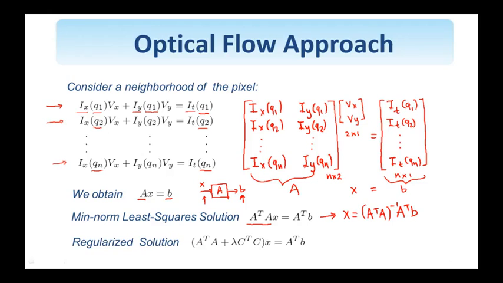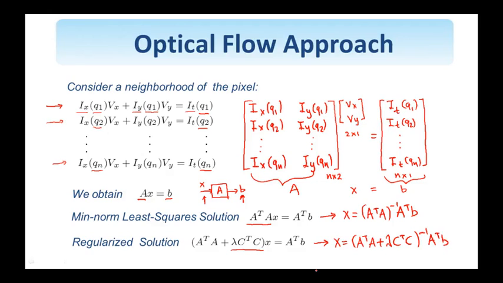If A transpose A is not invertible, we add this term here, lambda C transpose C. This is referred to as a regularized solution, and the net result is that now this whole matrix is invertible. So therefore this is the solution.